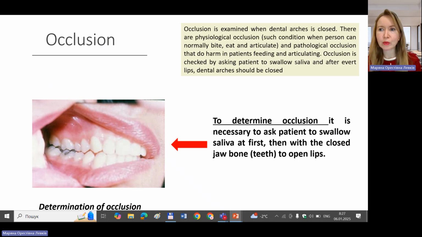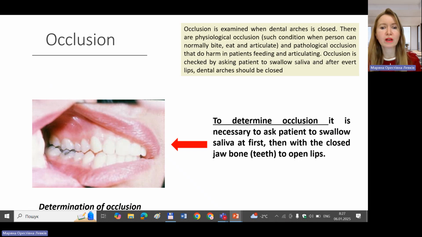Occlusion is examined when the dental arches are closed. There is physiological occlusion, a condition when a person can normally bite, eat, and articulate, and pathological occlusion that does harm to the patient's feeding and articulating. Occlusion is checked by asking the patient to swallow saliva, and after that the dentist should avert the lips.